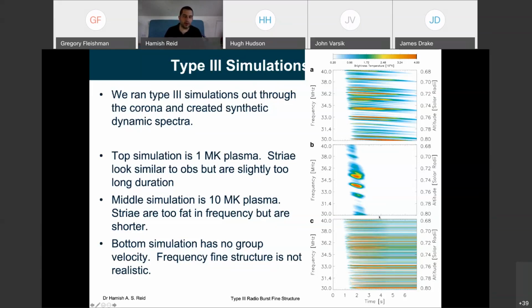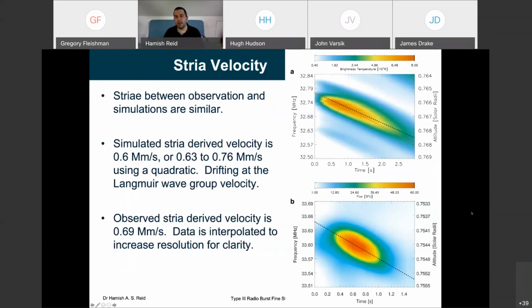So why have I been laboring the group velocity all this time? Because clearly there is group velocity, so why are we bothering with it? Well, when we take the simulated striae burst and fit a straight line to estimate the exciter speed of the individual striae, we find that they are moving at the Langmuir wave group velocity.